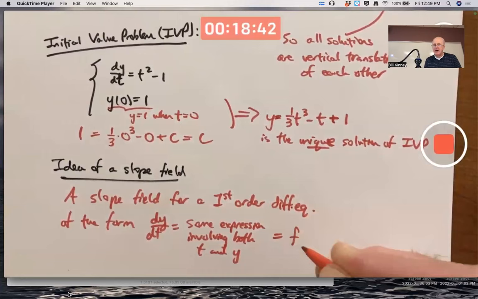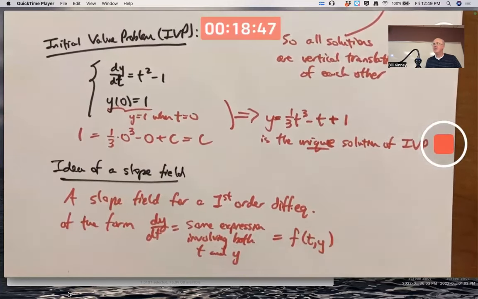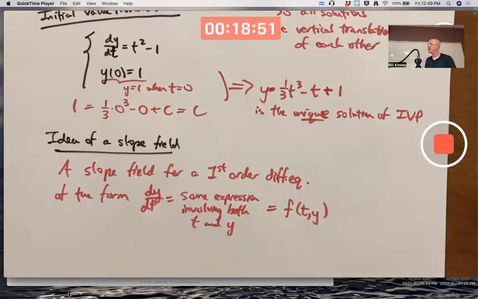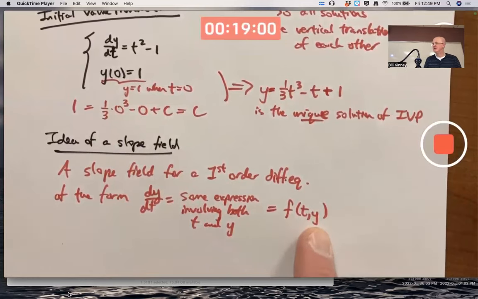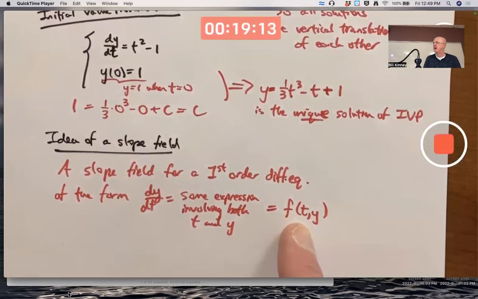How about little f of t comma y? A multivariable calculus function. We're doing a little multivariable calculus while we do our differential equations here. Two inputs to this function. For example, this expression could be 2t plus 3y. That would be an example. That involves both t and y. It could be thought of as a function of both t and y.